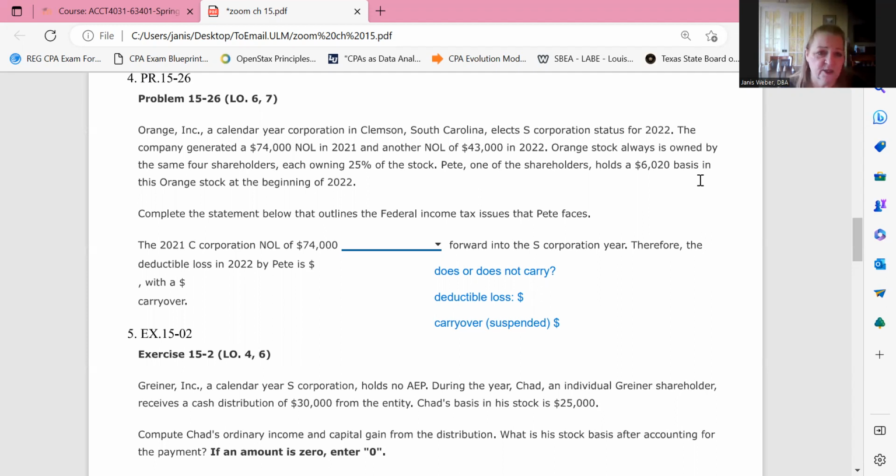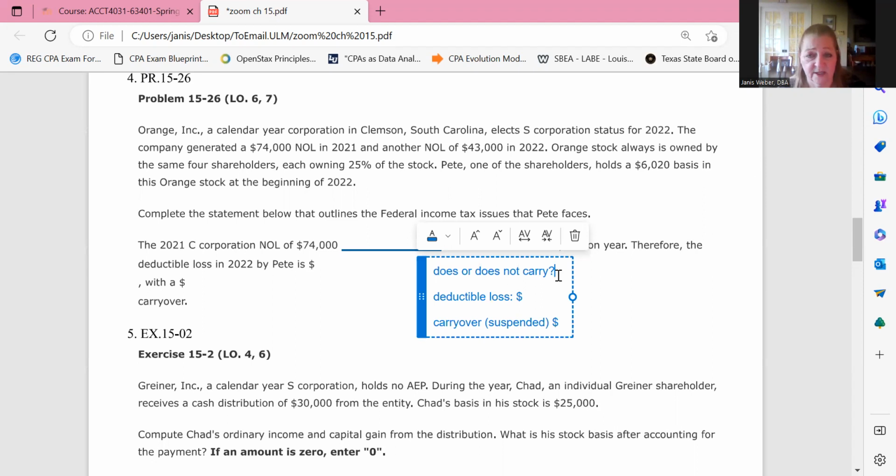So the first piece says, in 2021, C Corporation NOL of $74,000, and they want to know, does it carry forward into the S Corporation year? And does it? No, because it is the shareholder that decides whether to deduct or carry or what to do. So it does not carry forward.